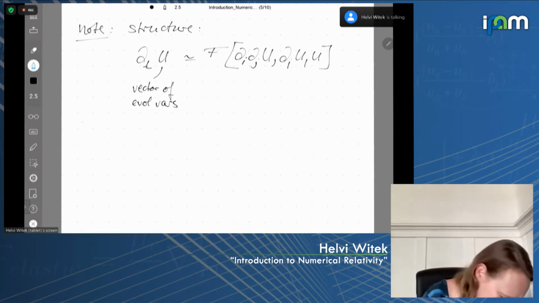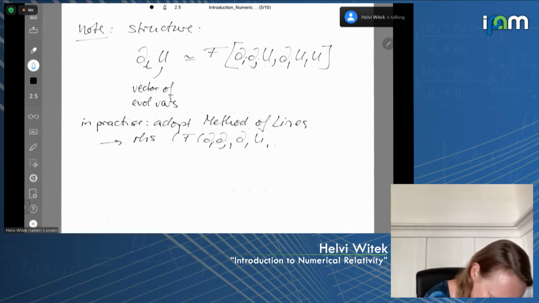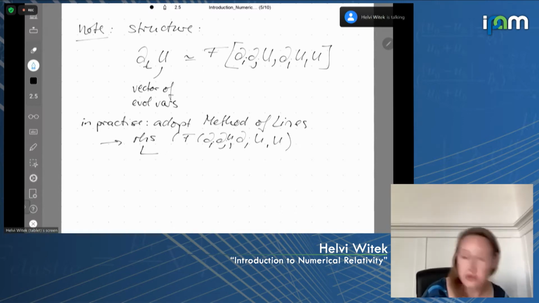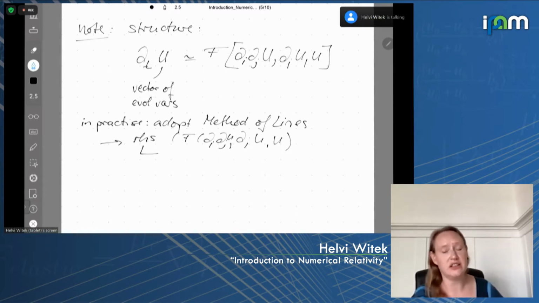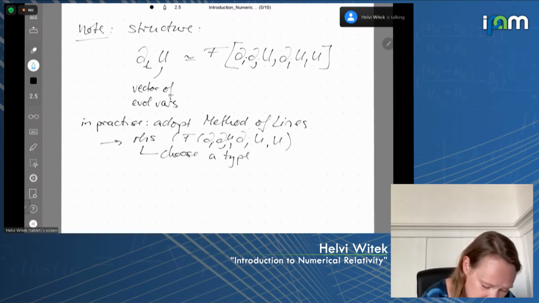Now in practice, we adopt what we call the method of lines, where for the right-hand side, that is the function that depends only on the spatial derivatives and the vector variables themselves, we can choose the discretization that we want to use. So we choose a type of discretization for just the spatial derivatives.